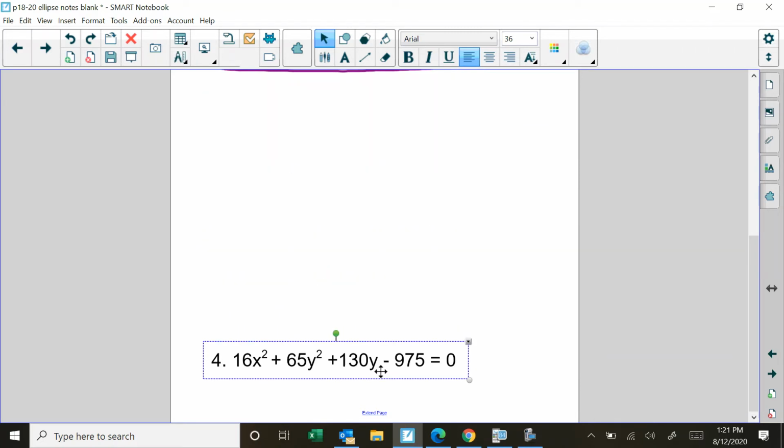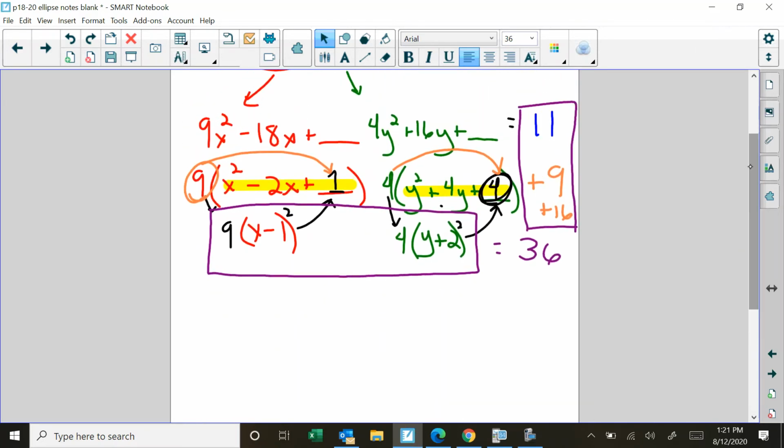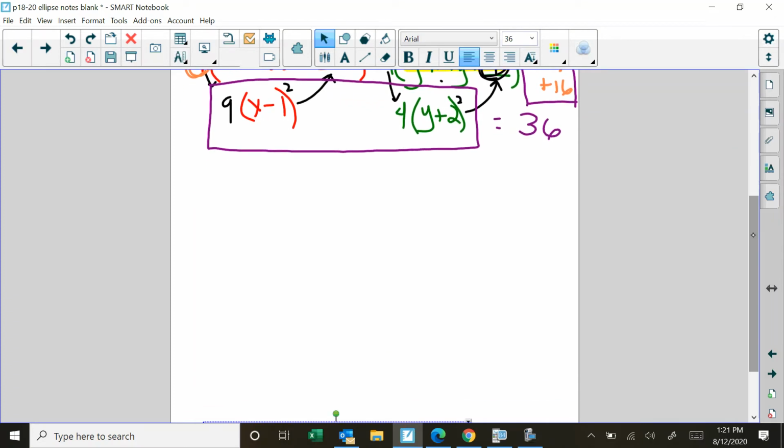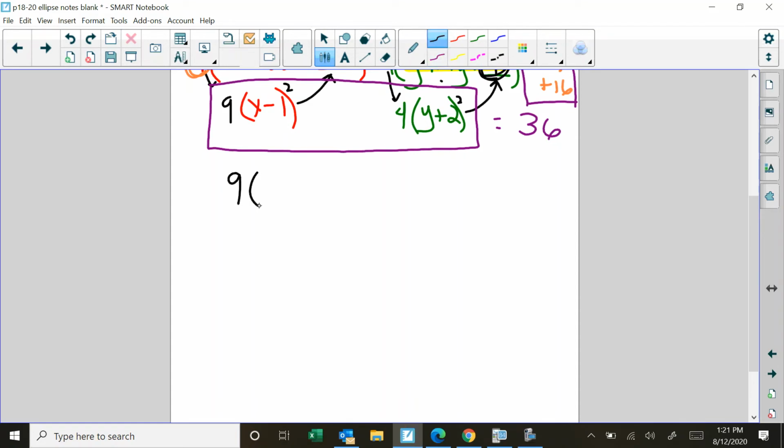So here's where we are. We're at the purple. So I'm going to rewrite this just so we can see what we have. We have 9 times x minus 1 quantity squared plus, because it's an ellipse, 4 times y plus 2 squared equals 36.